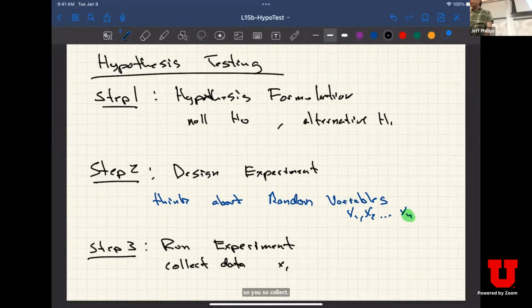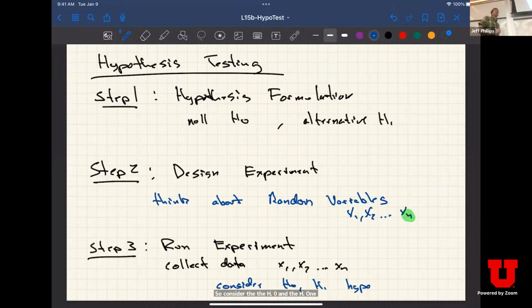These are the lowercase x1, x2 up to xn, and at this point you consider the H0 and the H1 hypotheses in the context of your experimental design. Okay, so these 3 steps and getting them in the right order is going to be important here.